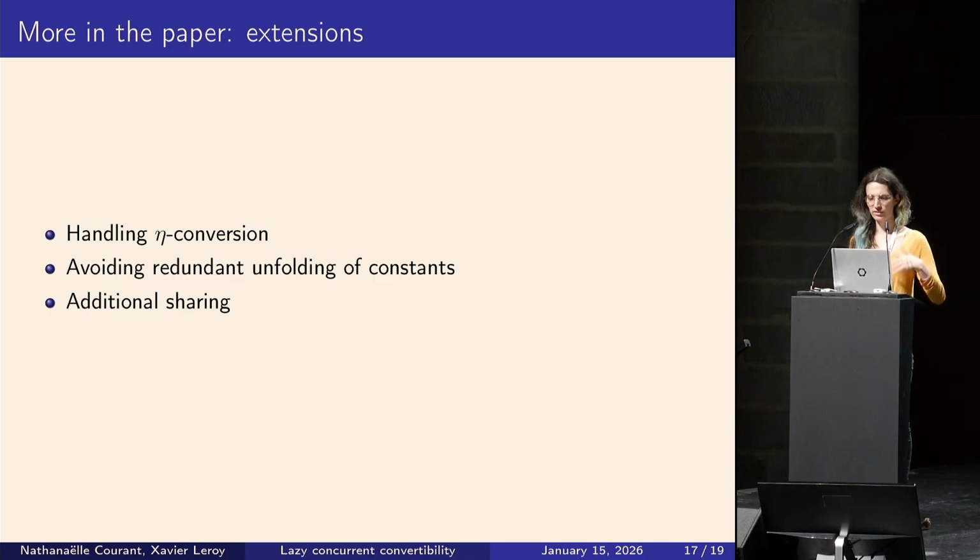With what I have not shown here, we can avoid that. And we can even have additional sharing between identical source terms and between values that we encounter several times on both sides.